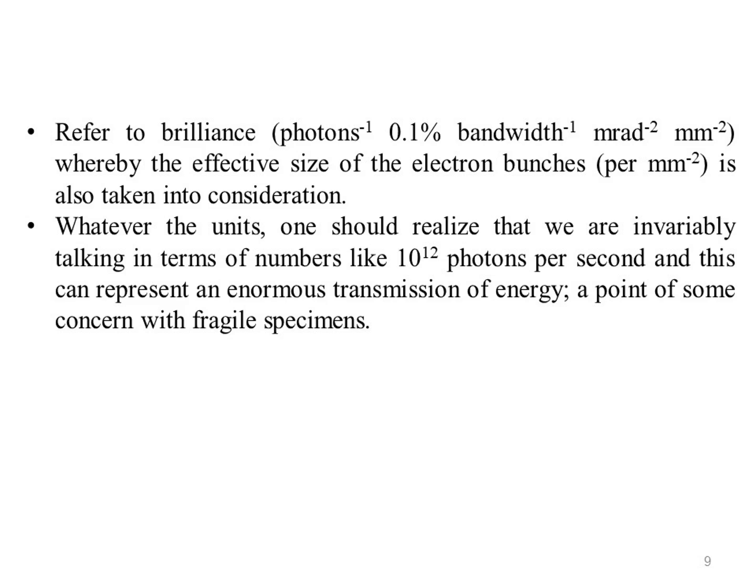The radiation also has some other remarkable properties. It is horizontally polarized in the plane of electron orbit and elliptically polarized above and below the orbit.